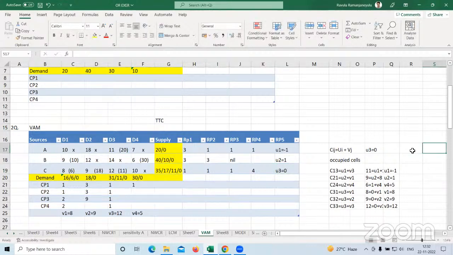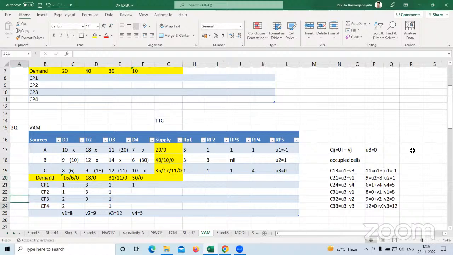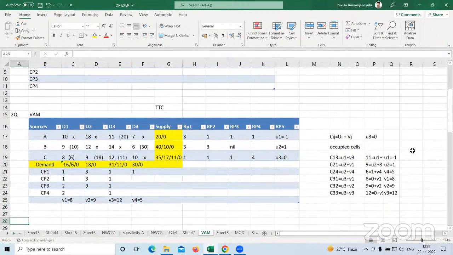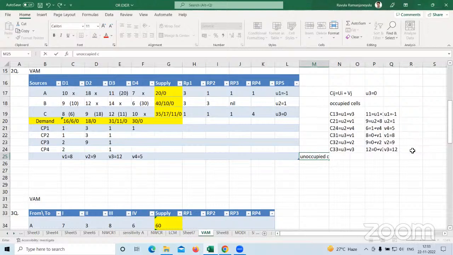To verify it, for the unoccupied cells, we need to go through the formula. The formula is delta.